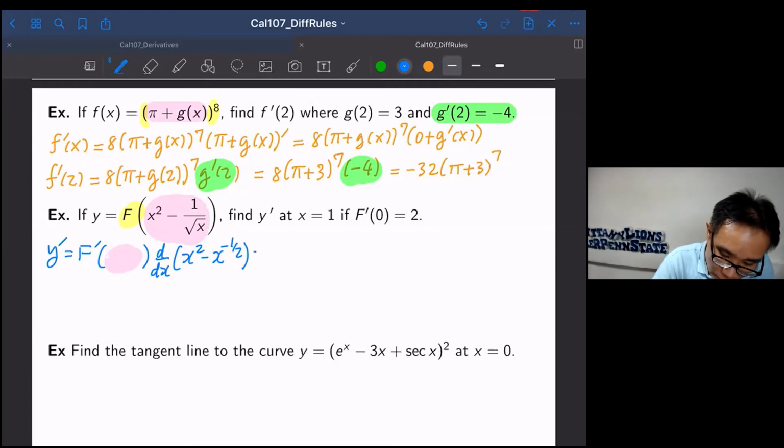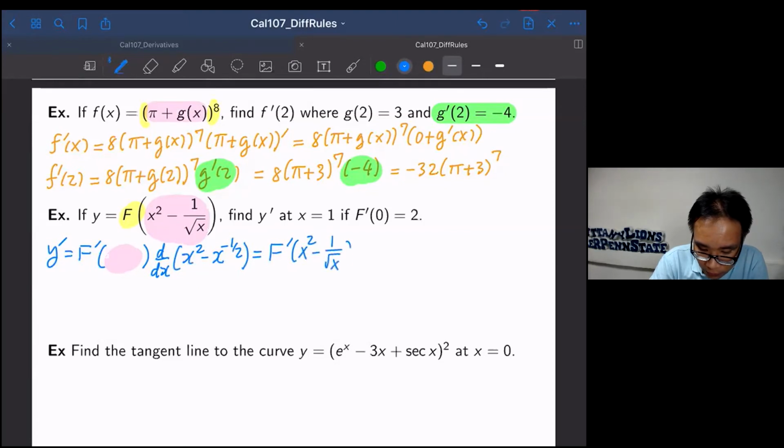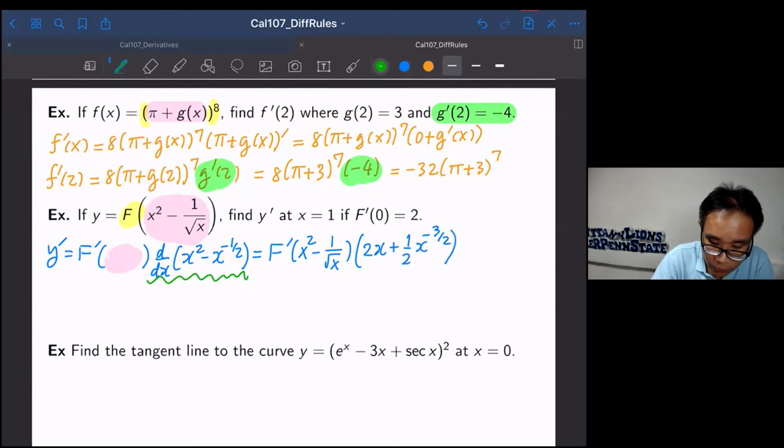And you see that it's going to be f', and the pink guy you copy, so it's going to be (x squared minus 1) over root x, and you differentiate the inside, so you're going to get 2x plus 1/2 x to the negative 3/2. Okay, so this one is your derivative.